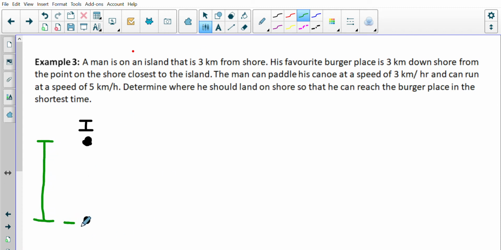I'll just draw a line right across. There's our shore, and again, that's 3 kilometers. That's just the first sentence. Then we've got his favorite burger place is 3 kilometers downshore from the point on the shore closest to the island. So we've got 3 kilometers this way.